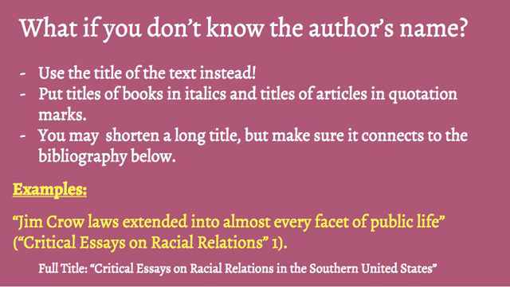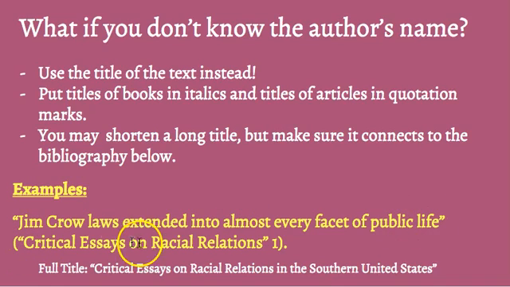What if you don't know the author's last name? Use the title of the text instead. So put titles of books in italics and titles of articles in quotation marks. You may shorten a long title, but make sure it connects to the bibliography or works cited that's at the end of your paper. So example, Jim Crow laws extended into almost every facet of public life.